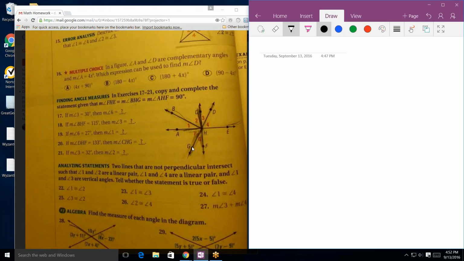Okay. Let me write this down. Okay, never mind. 19: if the measure of angle 6 equals 27 degrees, then the measure of angle 1.